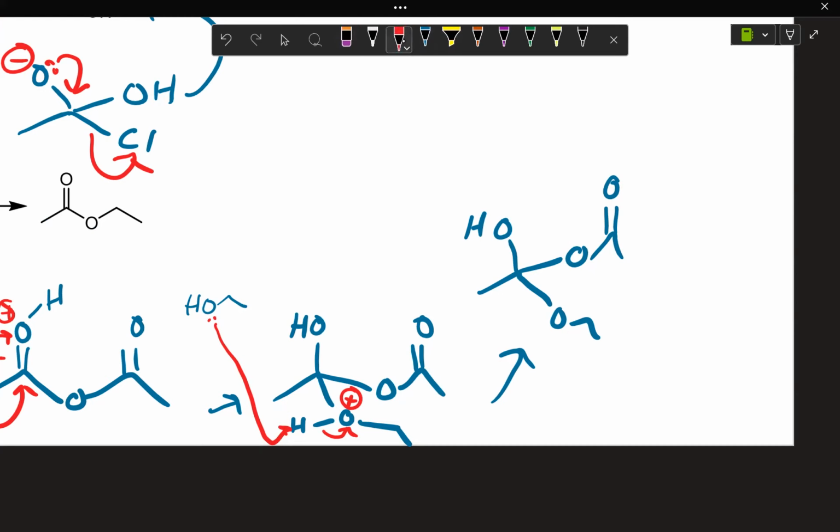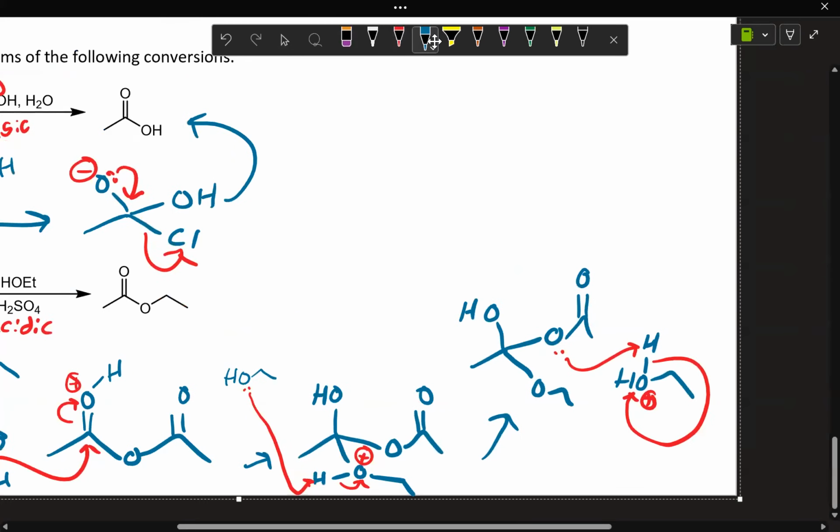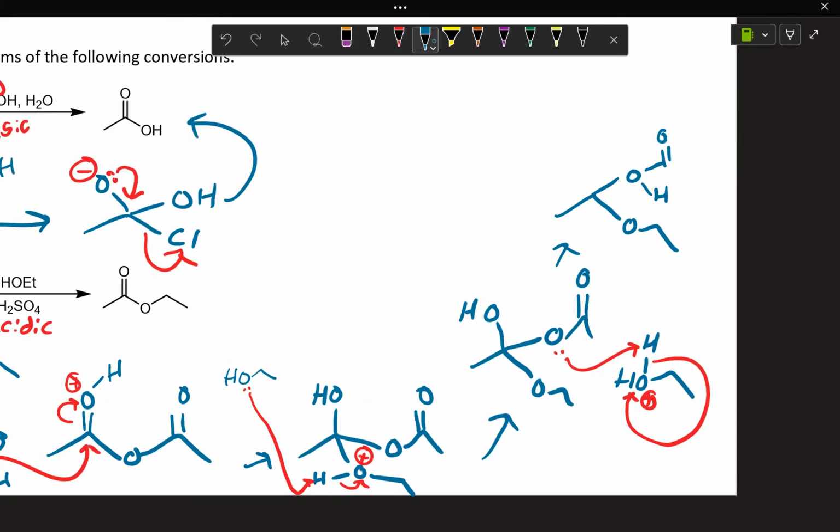So to avoid a negative charge being created, we can protonate it first. And that makes this an even better leaving group also. So the result of that is now we have a protonated anhydride, an even better leaving group because it's a positive charge.